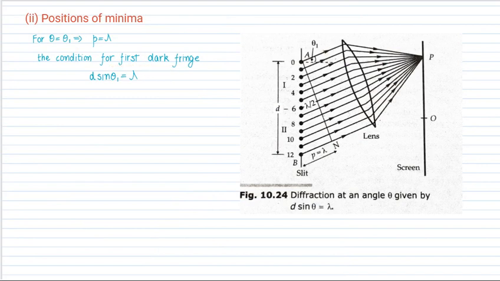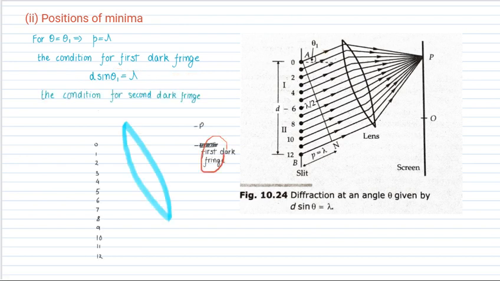So I can write d sin theta 1. When the angle at which the light is diffracted is theta 1, the path difference is lambda. So I can write d sin theta 1 equals lambda. This is the condition for your first dark fringe.